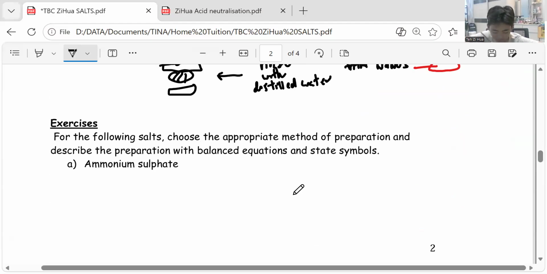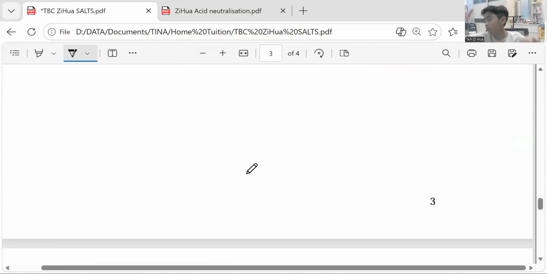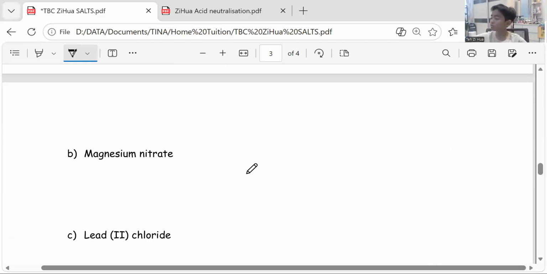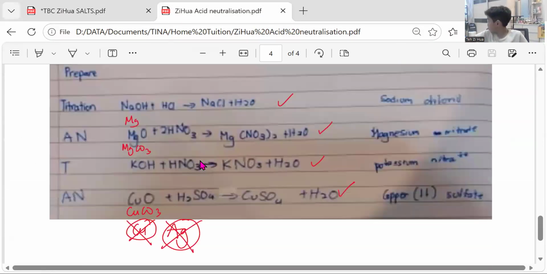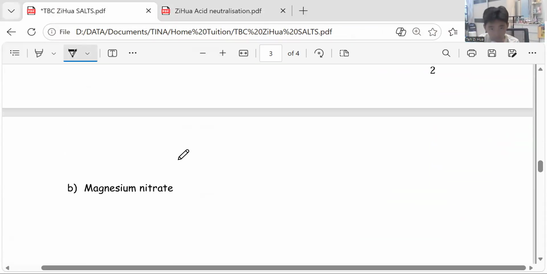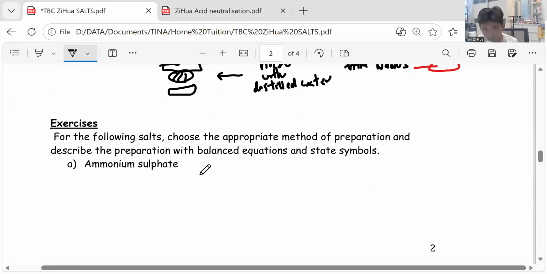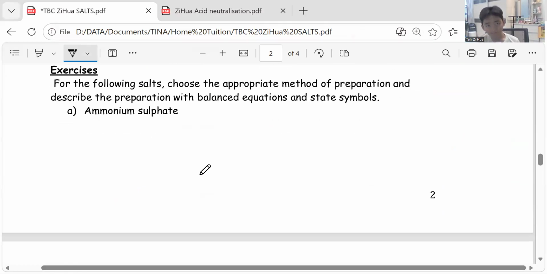All right. So here I got a few salts for you. Last week we did a few. Today we do a few more. There are three methods. I want you to try and write down the equation. Do the first one first. What is the method and what's your equation to prepare this salt? Ammonium sulfate.